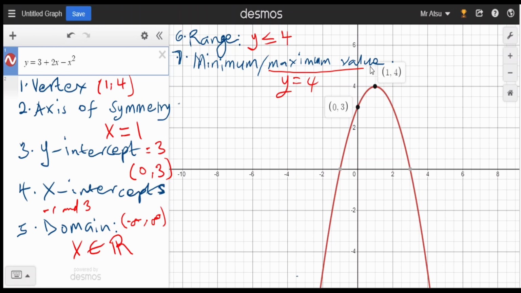Just like the y-intercept, the x-intercept is where the graph intersects the x-axis, and in this case we have -1 and 3. Again, if you want to write them as coordinates, then write (-1, 0) and (3, 0), because the y value along the x-axis is 0.